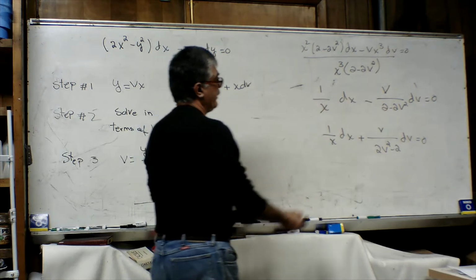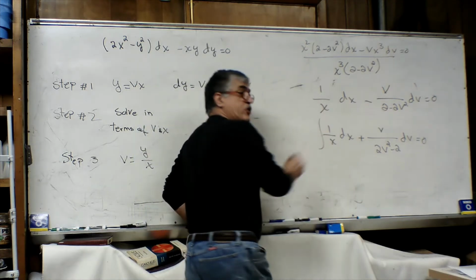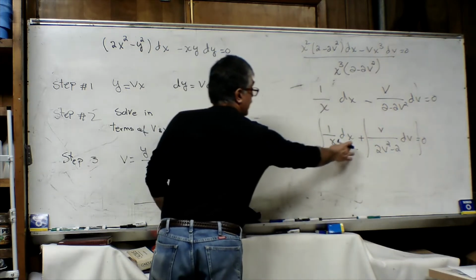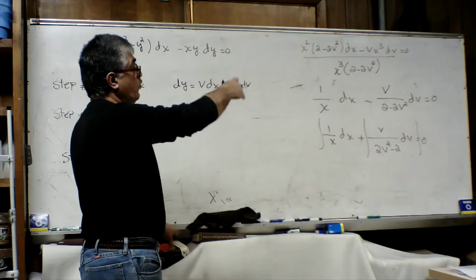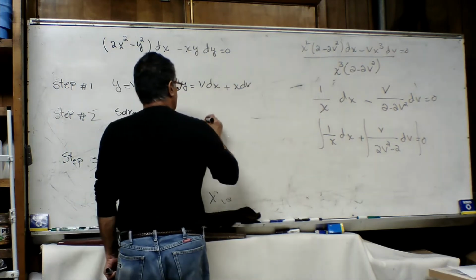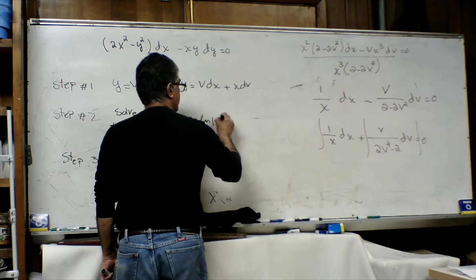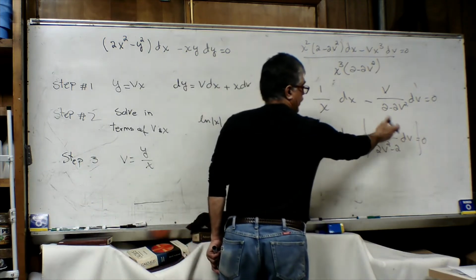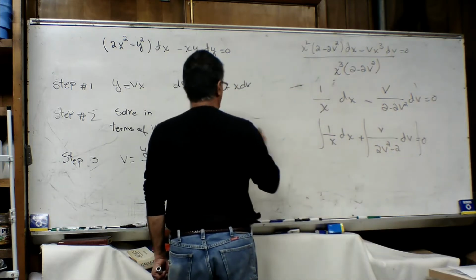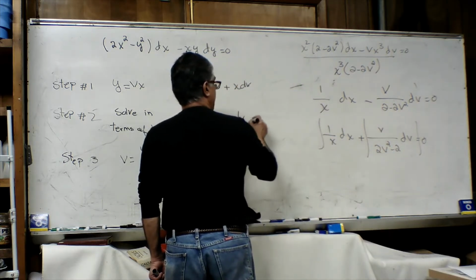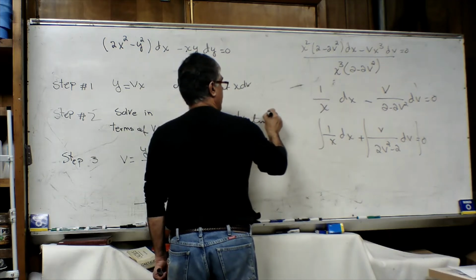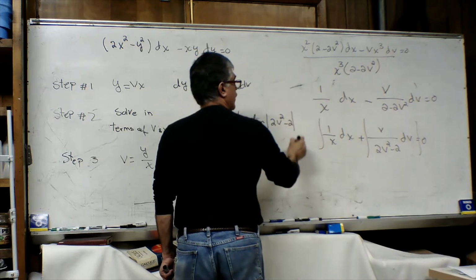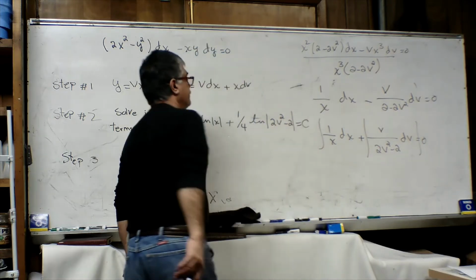Now we can take the integration of both sides of this equation. The integration of 1 over x dx will be natural log of x, plus the integration of v over 2v squared minus 2, which will be plus 1/4 natural log of 2v squared minus 2, is equal to a constant.